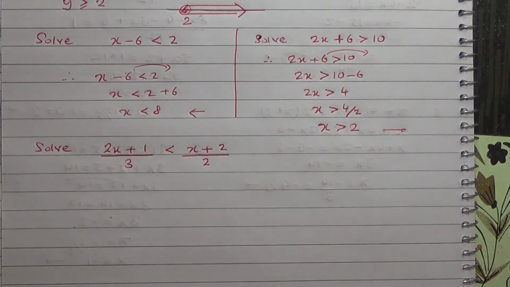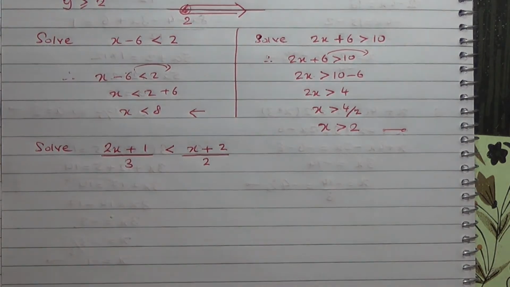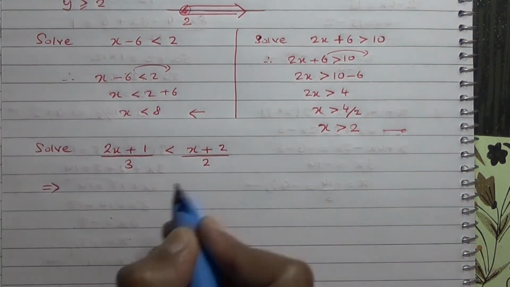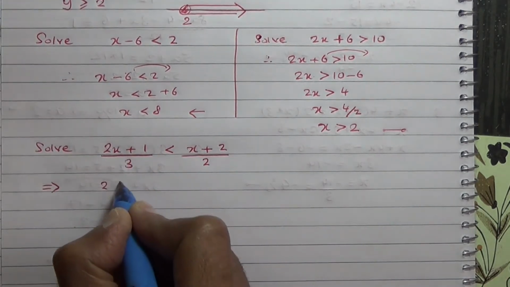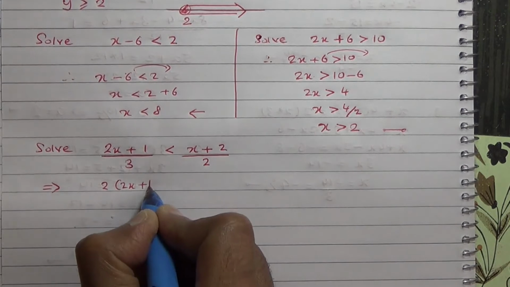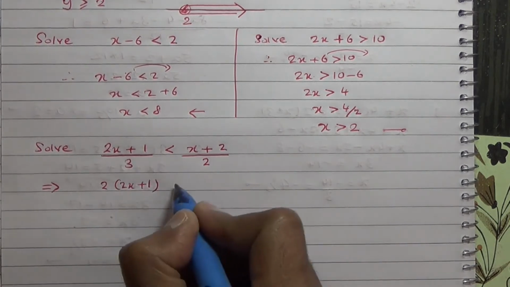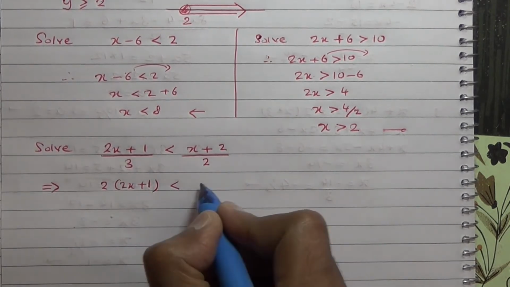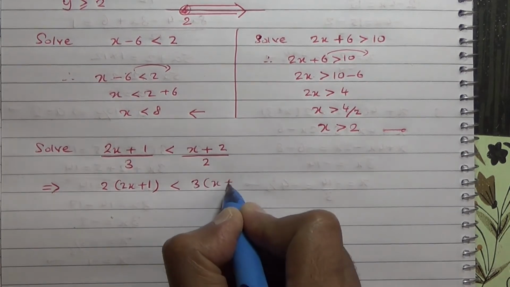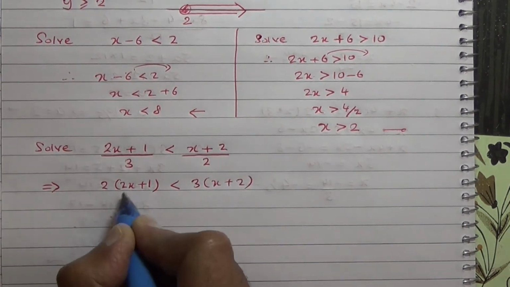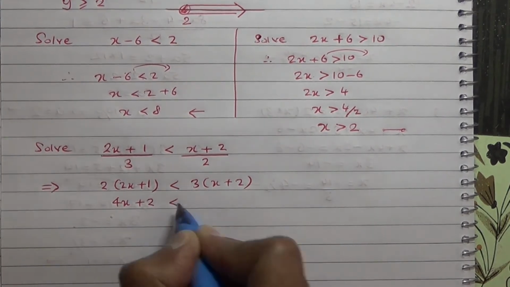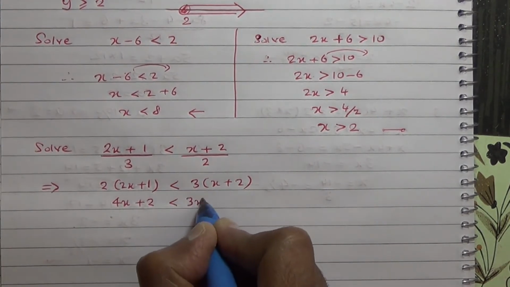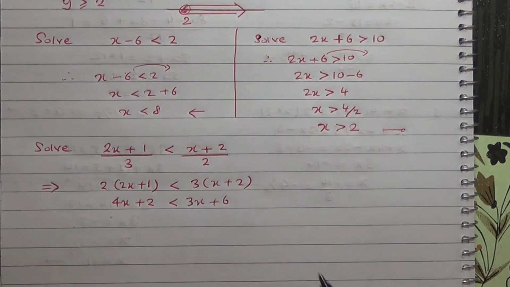Now what you do, you cross multiply. Therefore, you're going to say 2 times (2x plus 1) less than 3 times (x plus 2). 2 times 2x is 4x, 2 times 1 is 2. And this is less than 3 times x is 3x, 3 times 2 is 6.